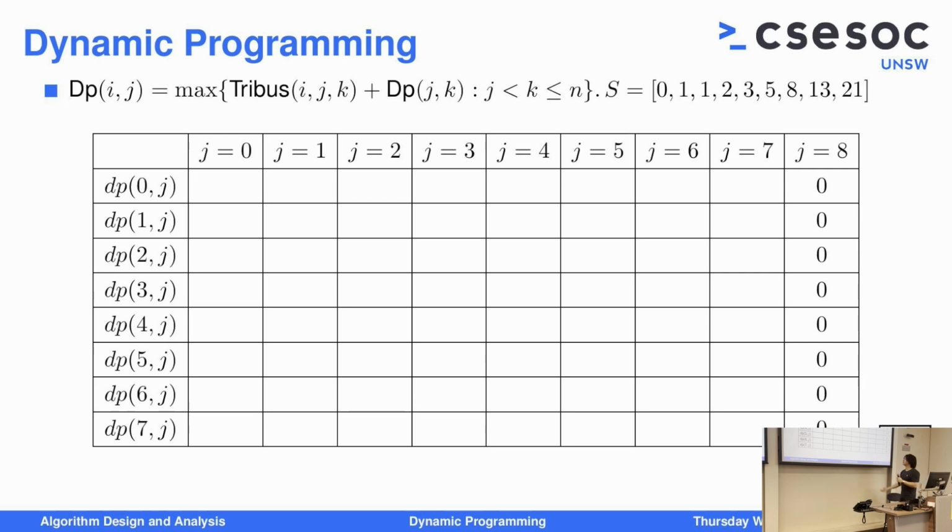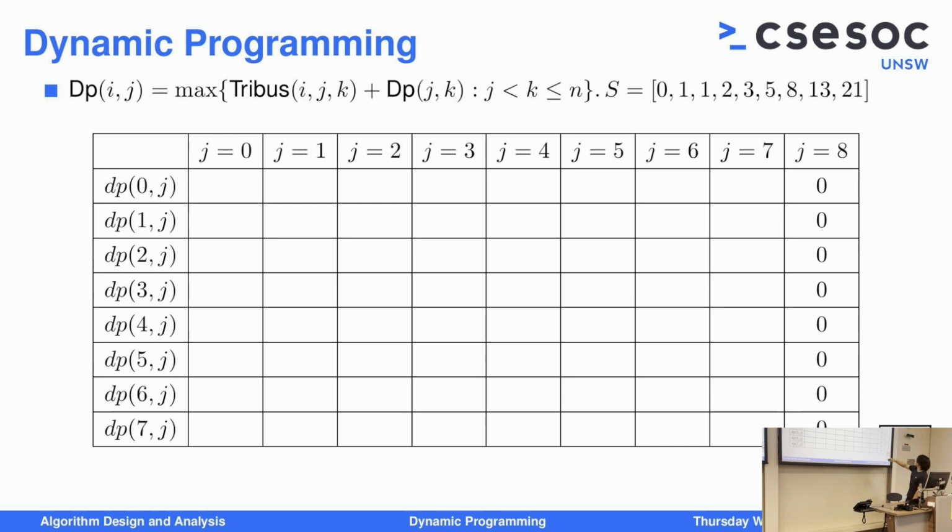K has to be 8. So it depends on dp of 7, 8, specifically this square right here. So this depends precisely on this, and whether or not the kth element and i, j form a tribus. I should move over a little bit more. So now, this is our sequence, by the way, like the previous one we were looking at.